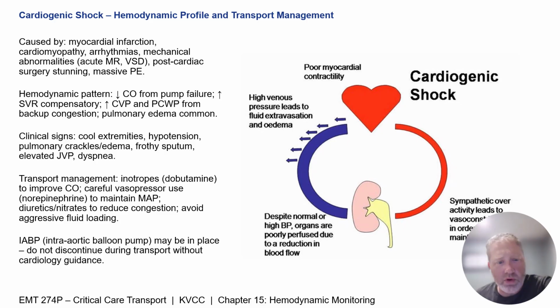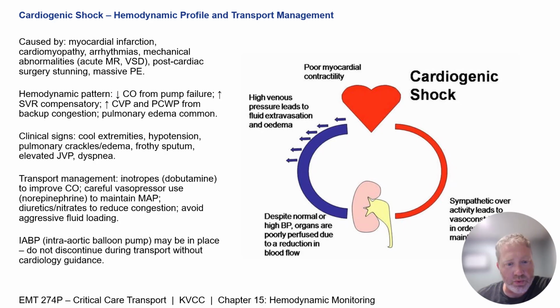Cardiogenic shock is often caused by an MI, heart attack, myocardial infarction, also cardiomyopathy, arrhythmias, mechanical abnormalities, post cardiac surgery, a massive PE. And the hemodynamic pattern, as it differs from hypovolemic shock, you've got a decrease in cardiac output from the pump failure.